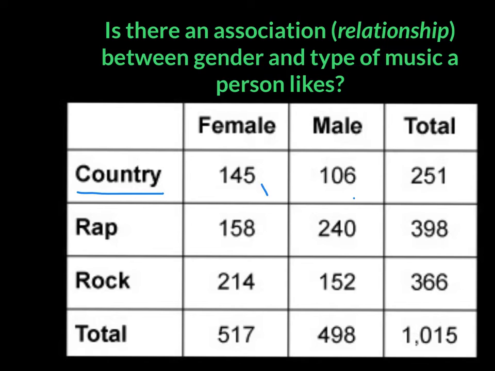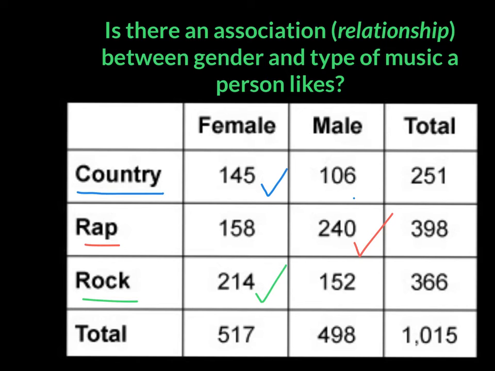So in that category, females prefer country. In the rap category, more males prefer rap than females. And in the rock category, more females prefer rock than males. And if we look at the total, it's about even, right?